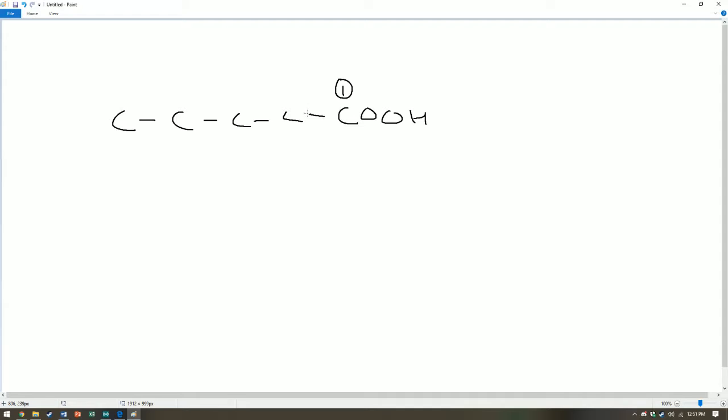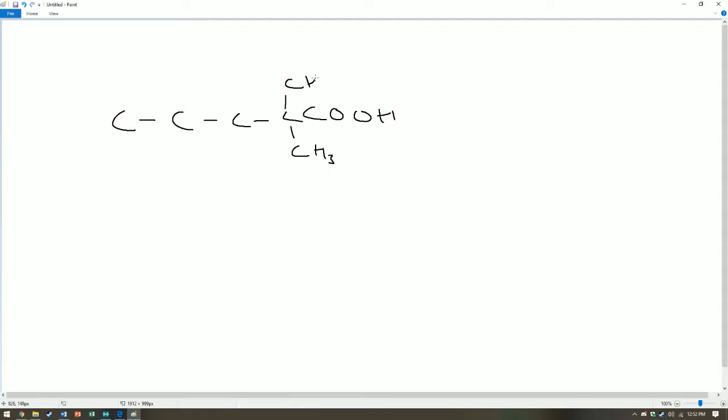So this would be H, and we are told that there is 2,2-dimethyl. So COOH, and since there are 2 methyl groups here, let's draw those 2 methyl groups.